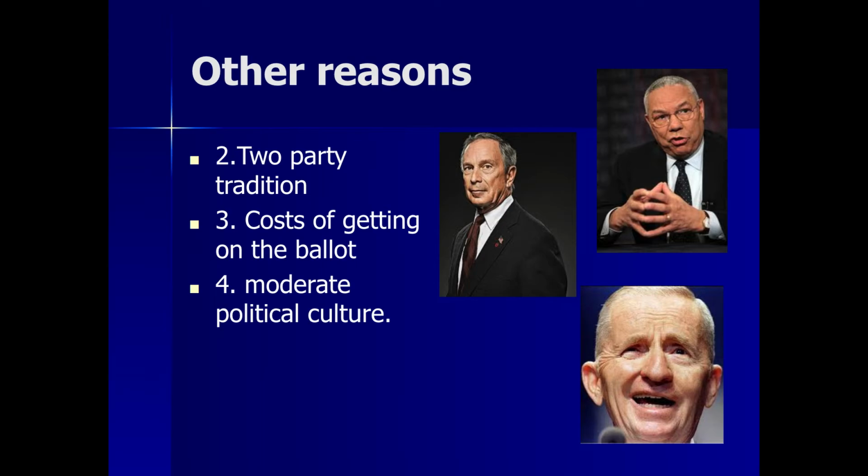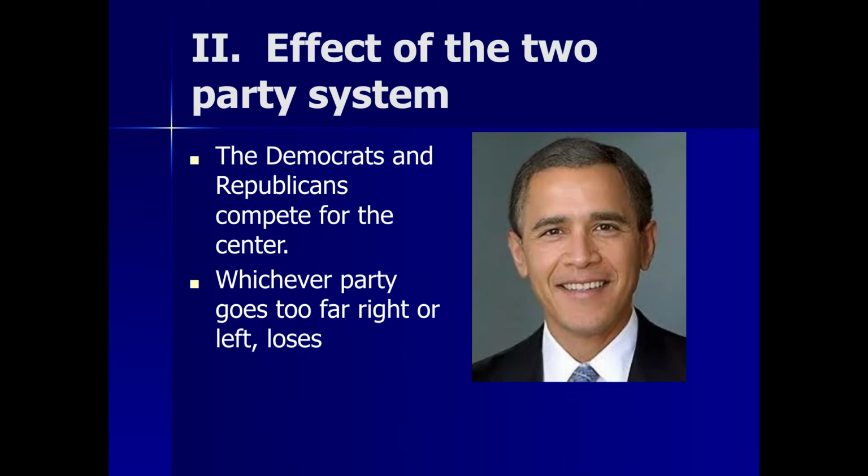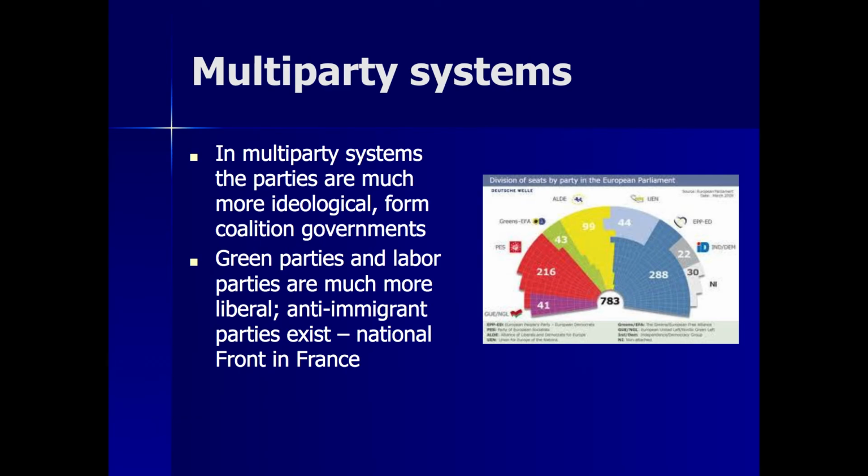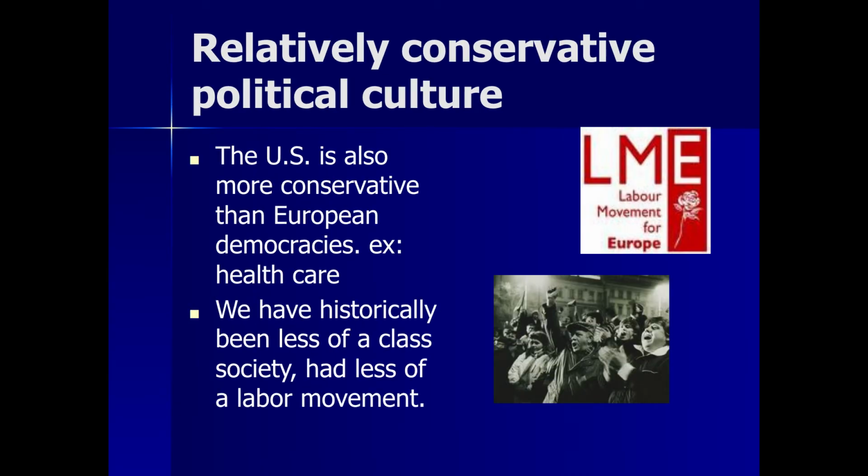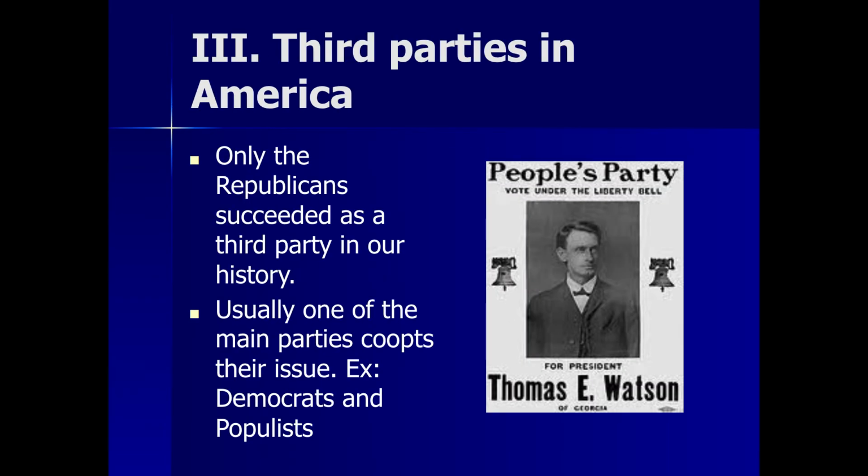So as we've moved to the extremes, we've become more European, is really what's happening right now. All right, so the effect, traditionally, is the two parties compete for the center. Whoever's closest to the middle wins. So multi-party systems have to form coalitions. All right, we've already said that we're more moderate.